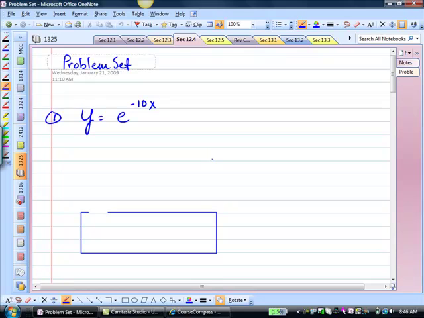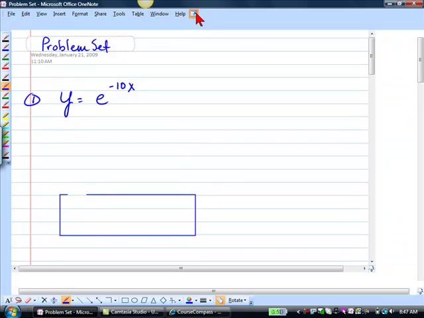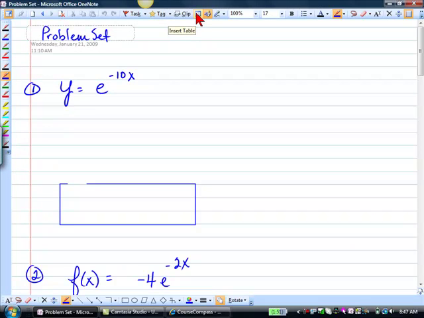Okay, so the first problem is y equals e to the negative 10x. All right, so y prime equals, we're going to write that just as it is, e to the negative 10x times the derivative of negative 10x. Okay, so that's our kind of roadmap that we do.